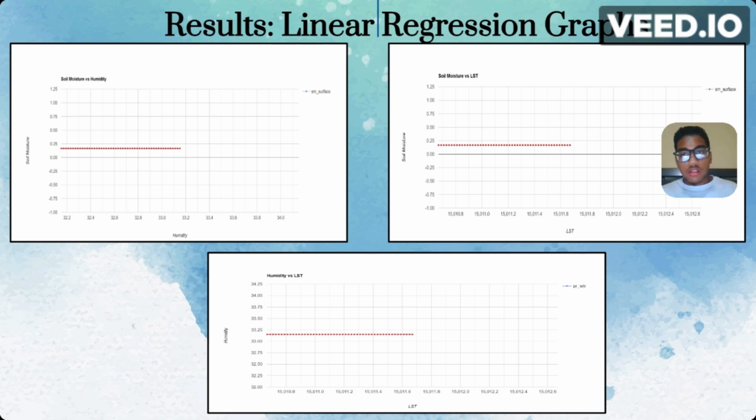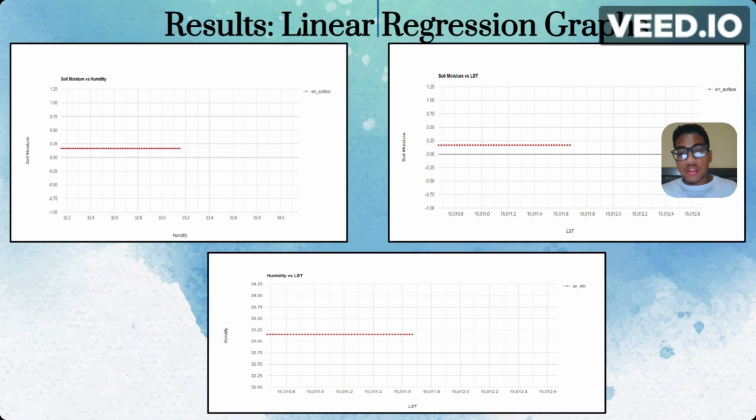The linear regression graphs are very, very linear, and it was extremely surprising, because you would expect to see a fluctuation from each graph, especially for soil moisture versus humidity. Now, you can see that it's very small. But for soil moisture versus humidity, you can see that as the soil moisture stays the same, however, the humidity increases along the way.